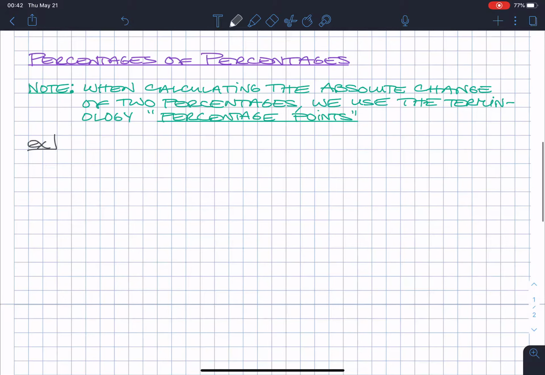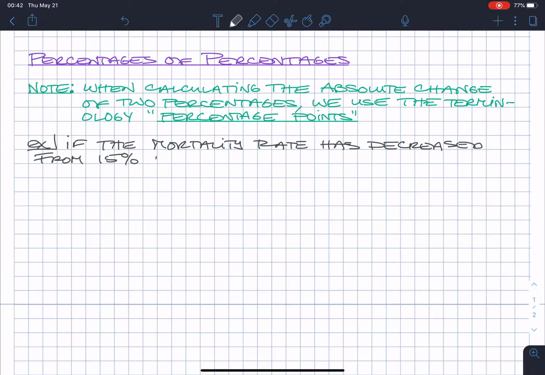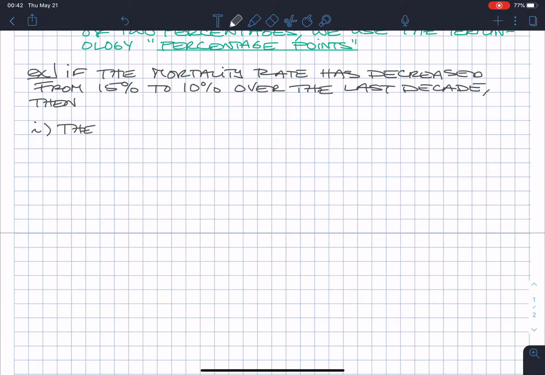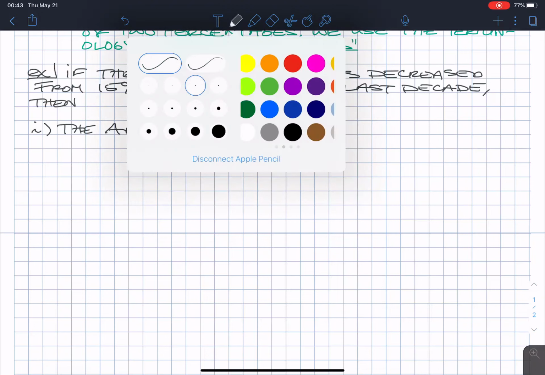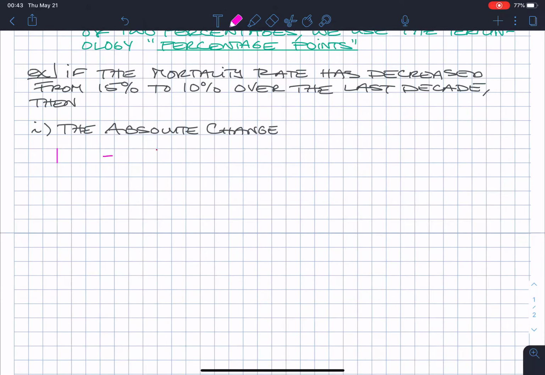So for example, if the mortality rate has decreased from 15% to 10% over the last decade, then number one, the absolute change is going to be the absolute value of the final percentage minus the initial percentage.